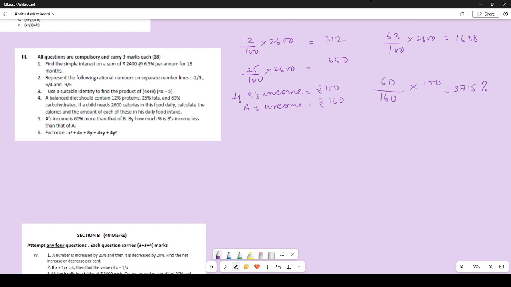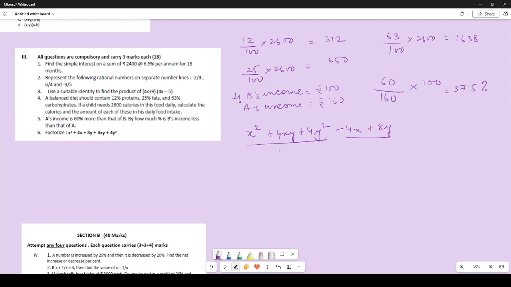Factorize. Now many of you were stuck with this question because you did not know what it applied to. So where was this taking you? So let us just rearrange this, and then it will become very easy for you. x square plus 4xy plus 4y square plus 4x plus 8y. So now if you group them like this, it becomes very simple, right?